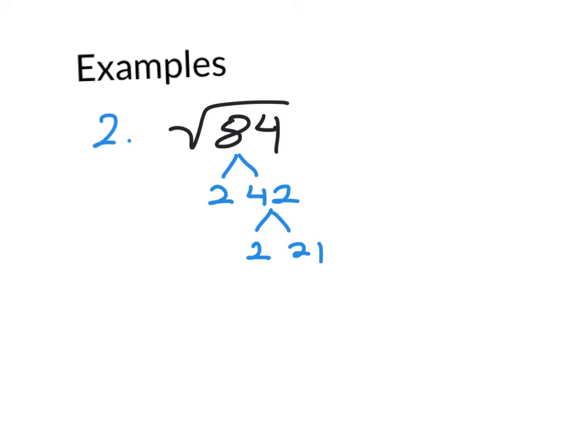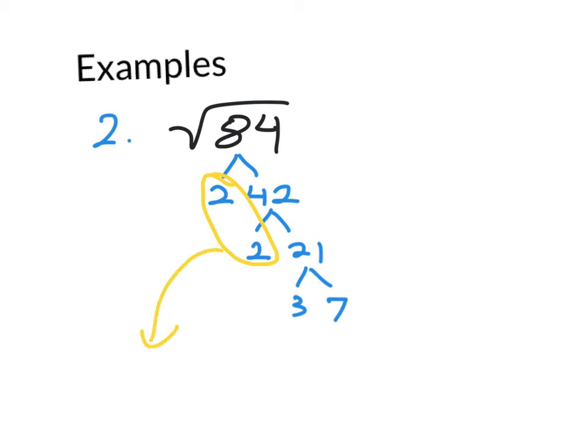And then I'm going to keep factoring. All right, so we have, let's see, 21 is 3 times 7. And now we're at our prime numbers. All these numbers are prime, 2, 2, 3, and 7. But what you will notice is that we have these two 2s, so they come outside, all right?